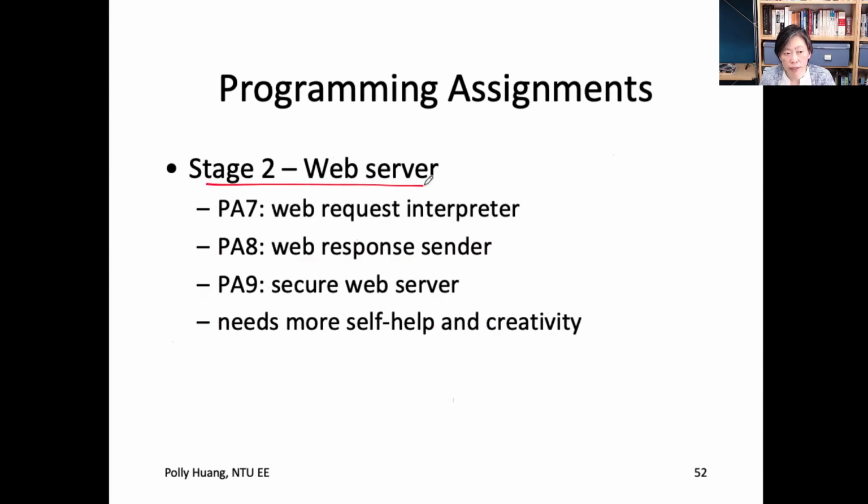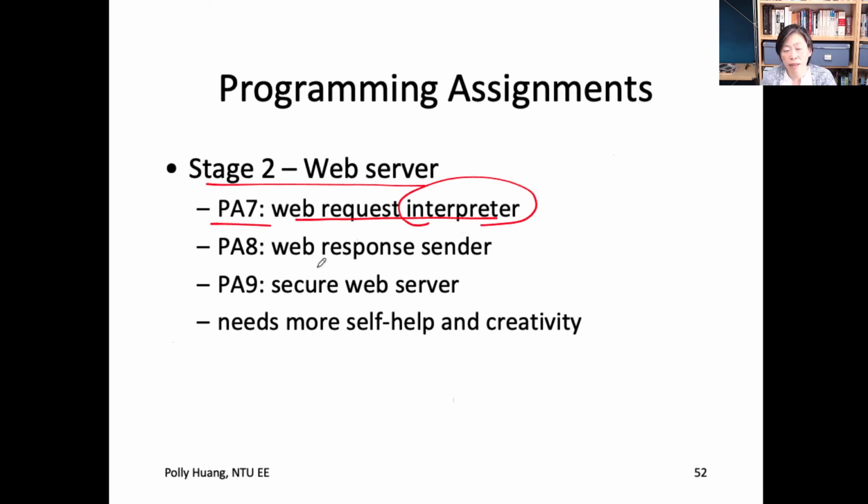The second stage is to write a web server, but this is to exploit existing APIs in Golang. And the end goal for PA7 is to write a web request interpreter. So a web server is essentially interpreting web requests coming in. So first is to understand what the request has to say, what the request is.